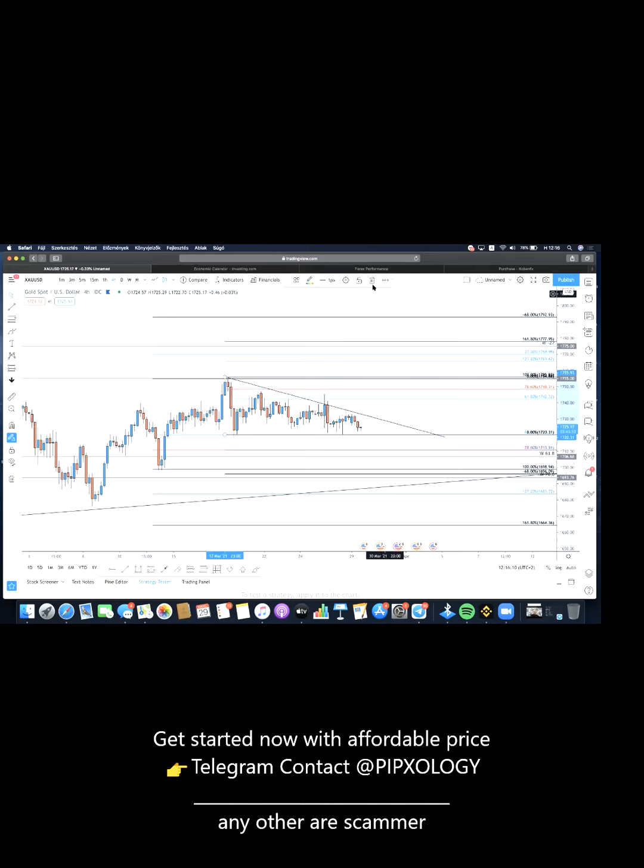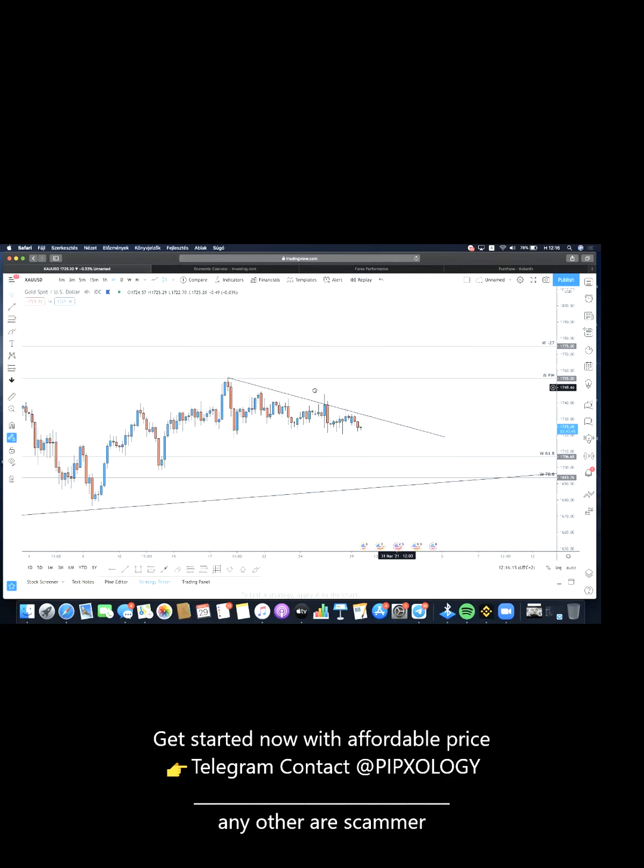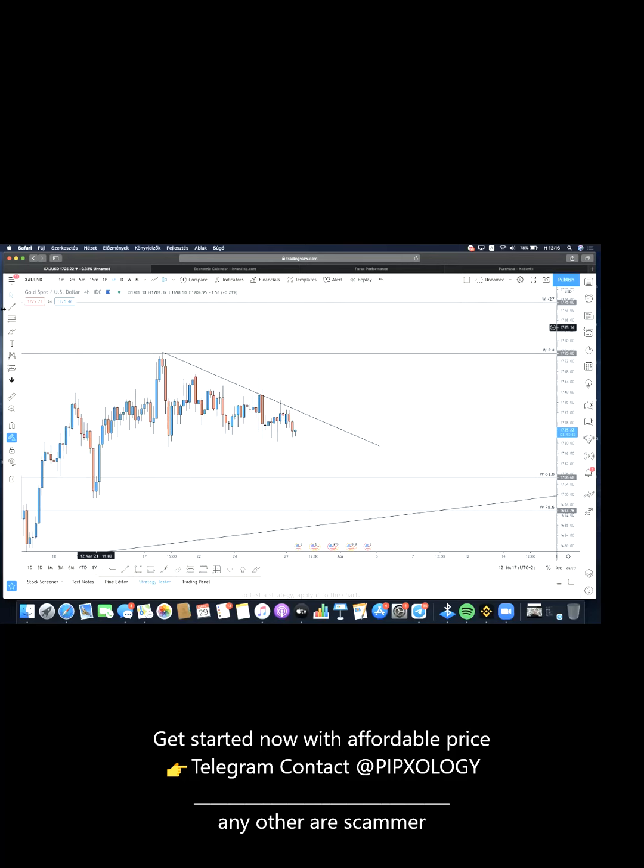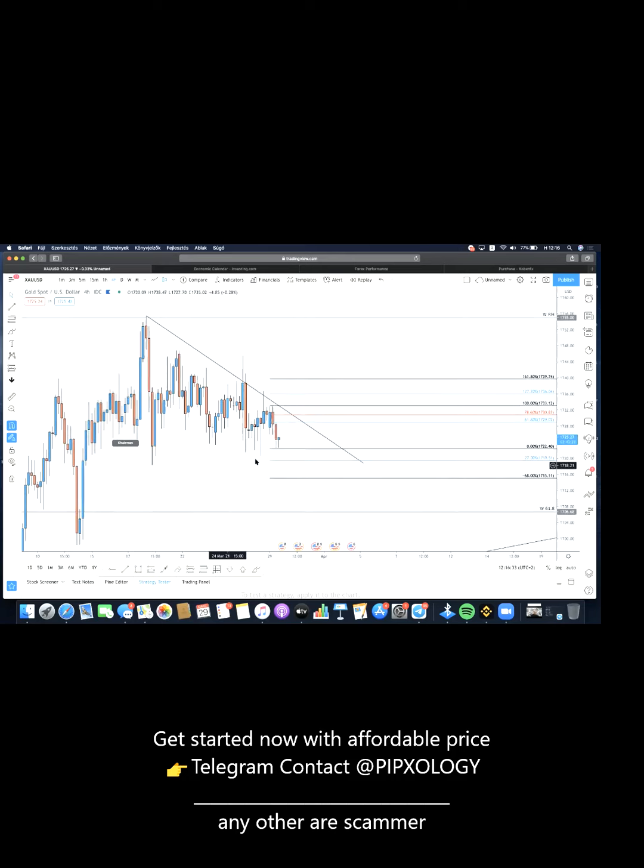So gold is a little bit tricky and we need to wait patiently. Basically, possibly the price makes some pullback to the upside to 1729 or 1730, and after it pushes to the downside.